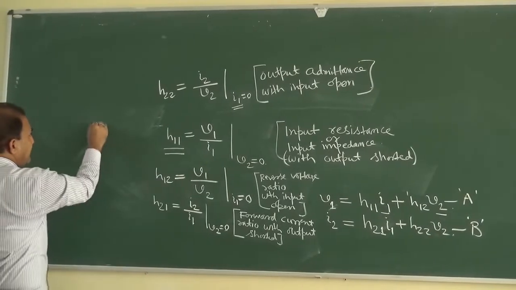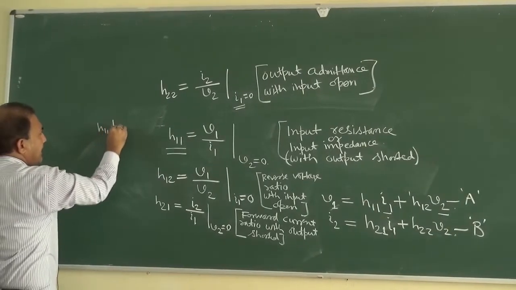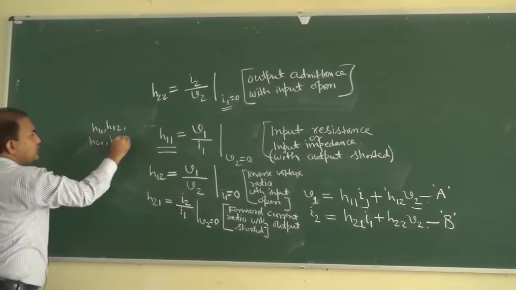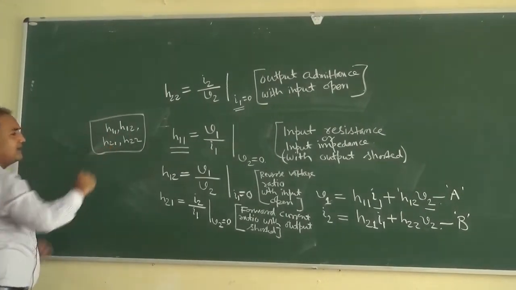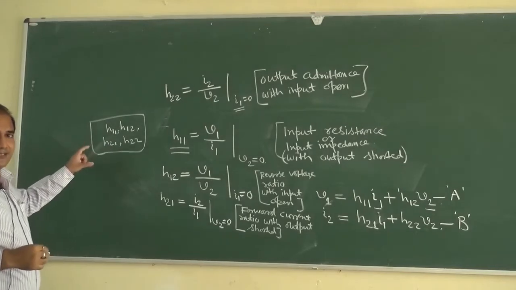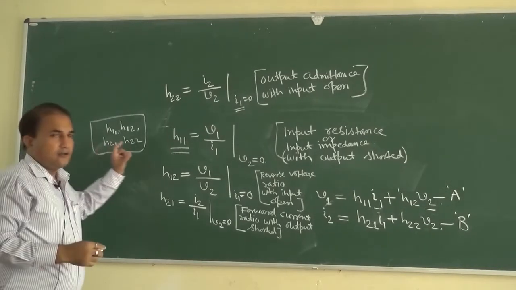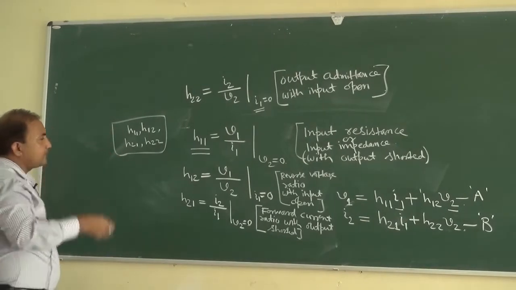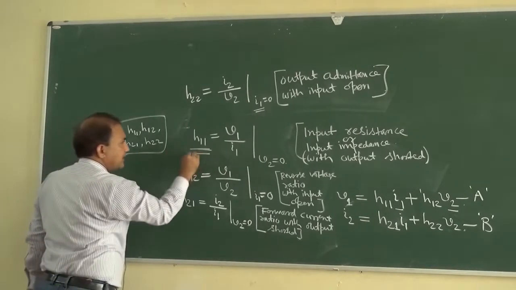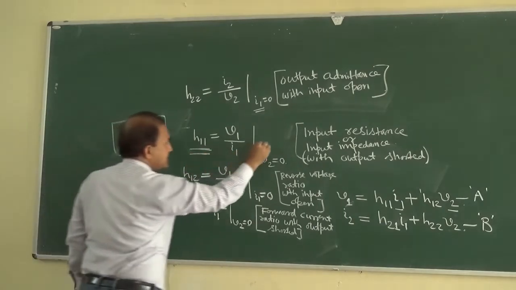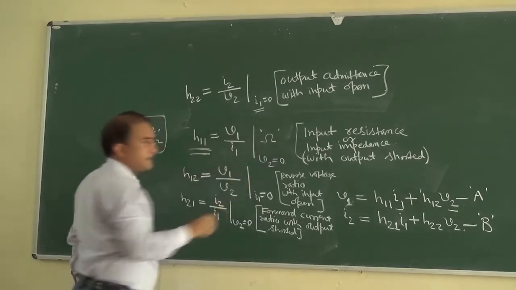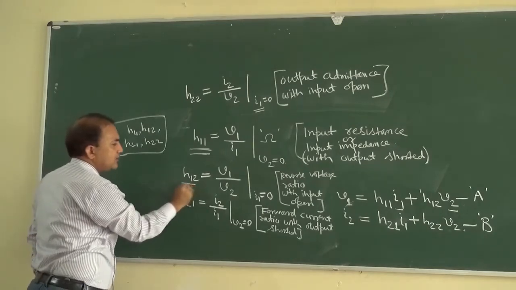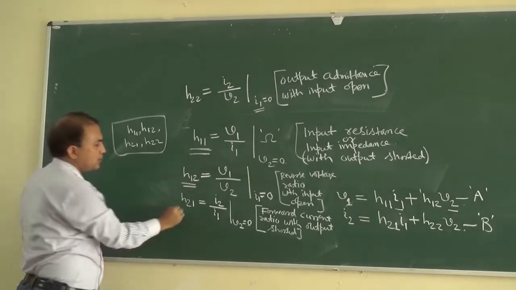So these are H11, H12, H21 and H22. These are the hybrid parameters. Why these are hybrid parameters? Because see, H11 its unit is ohm. H12 it is unitless.